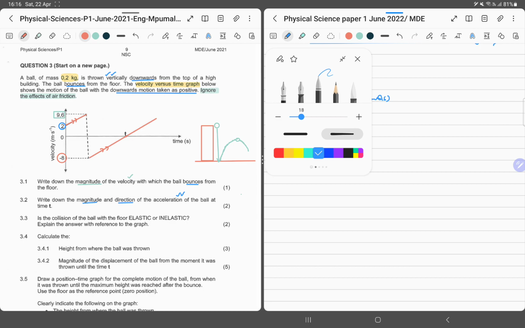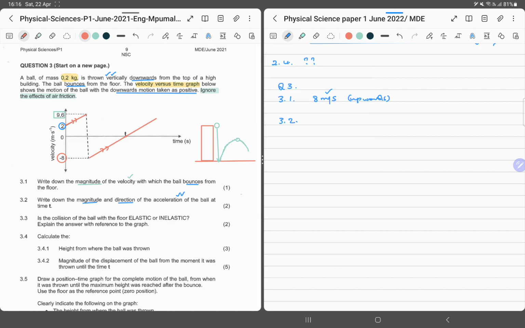So what we know is that the magnitude of the acceleration here is 9.8 meters per second squared. And then the direction is downward, because gravitational acceleration is always downward. So here you're getting a mark for the direction and for the value.